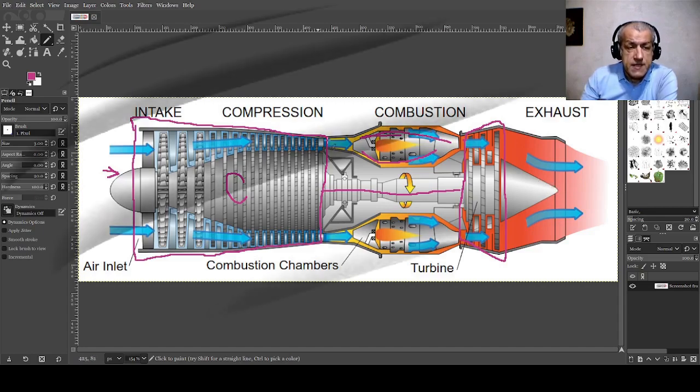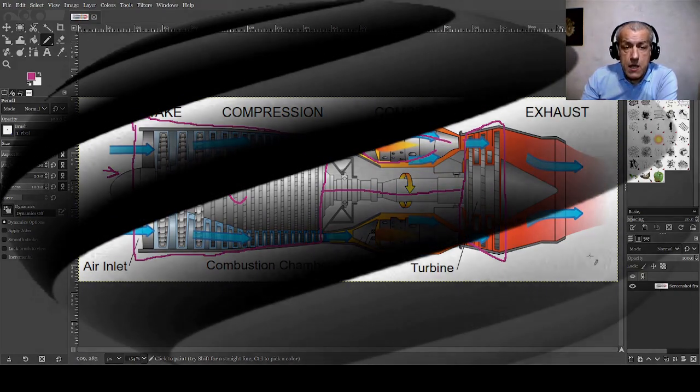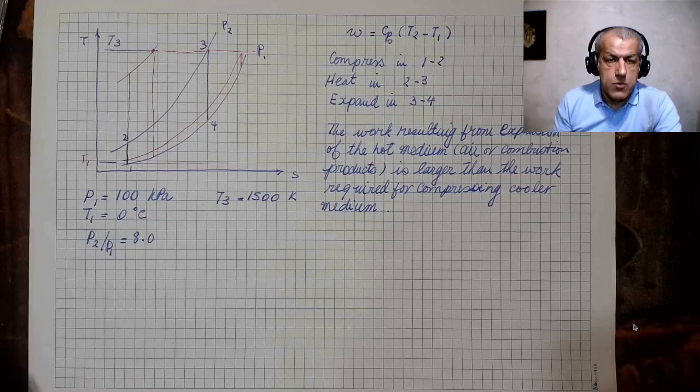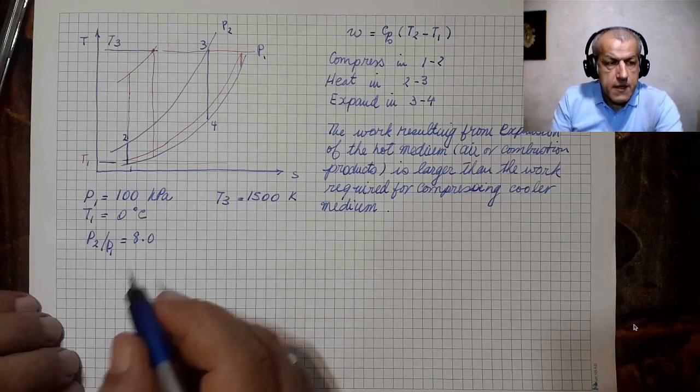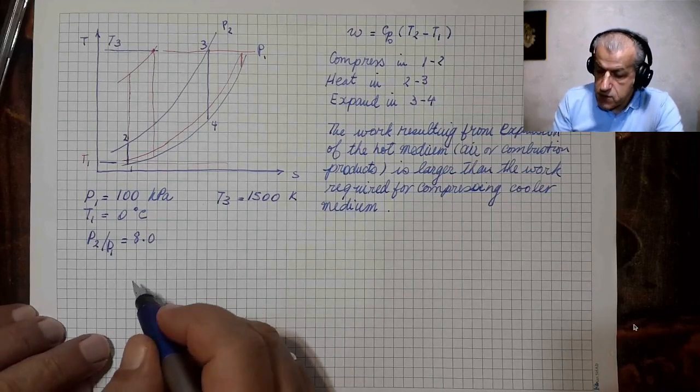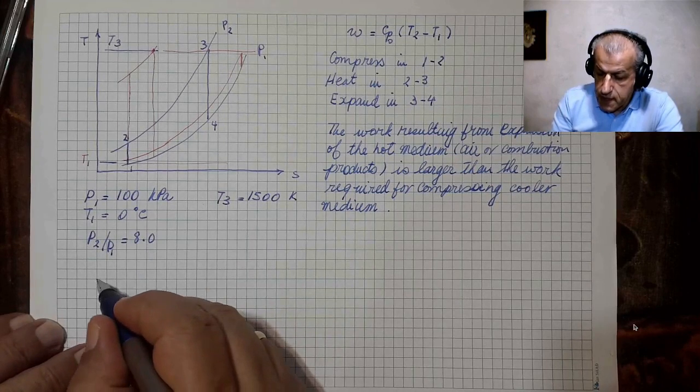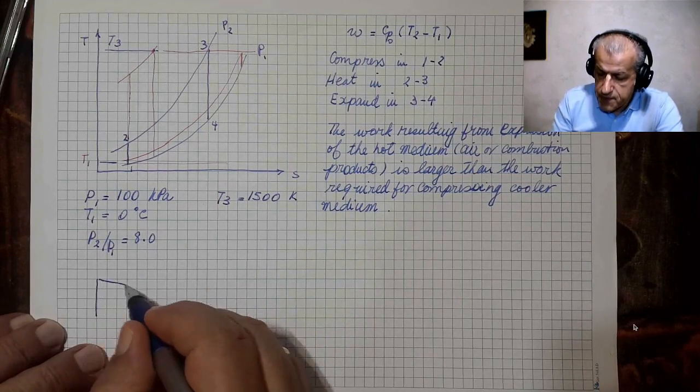So this is how we show a gas turbine. Now I would do the same here and draw it that there is a compressor.